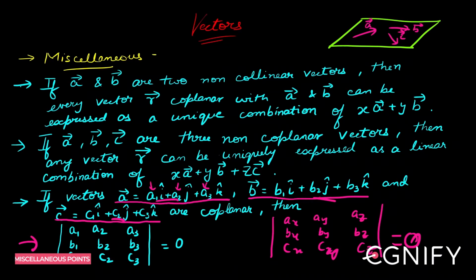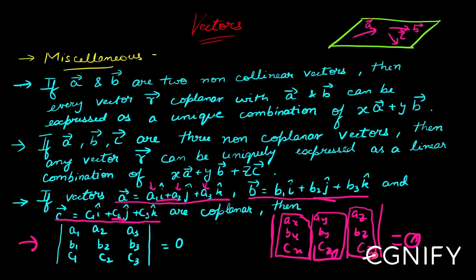I'm not at all getting into why this arrangement should be taken or why this determinant should be 0. We will look into that later. But for now, just take the X components in the same column, the Y components in the same column. Remember, don't mess up the order. Just remember the order as it is. Take the Z components in the same column, and the determinant of this matrix has to be 0.